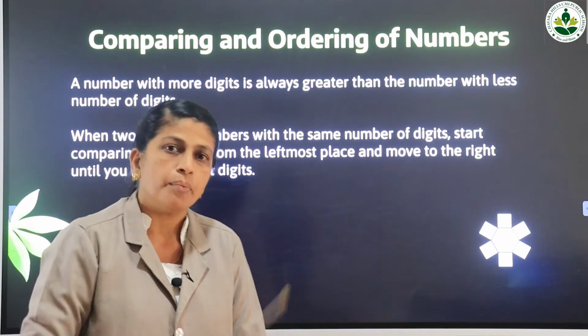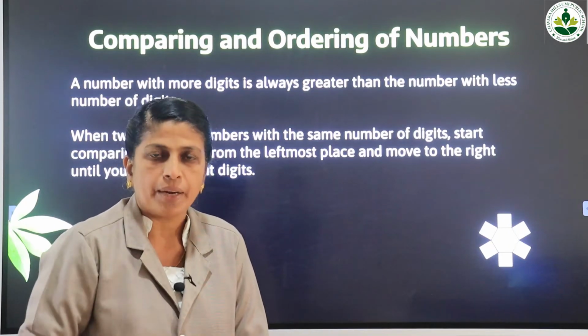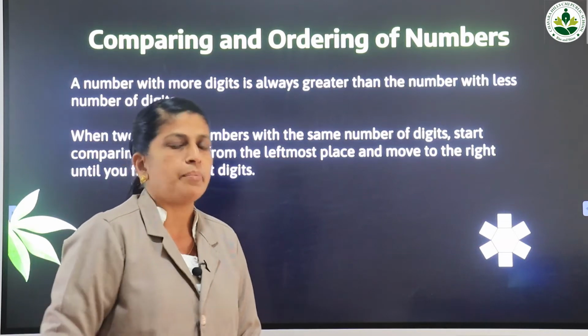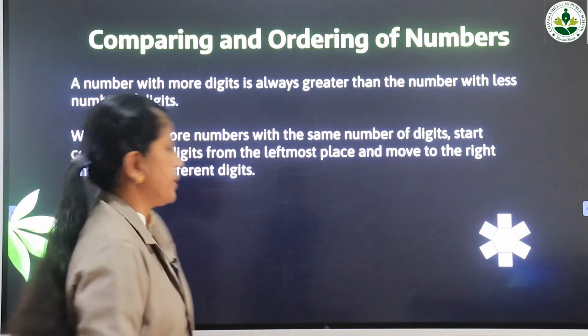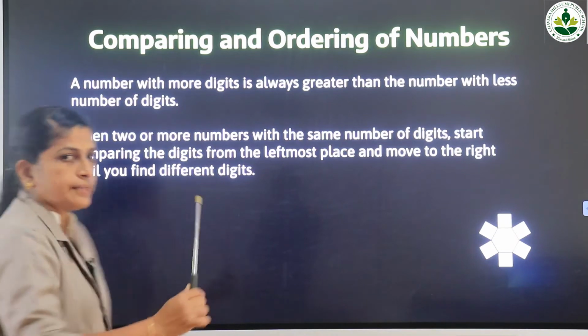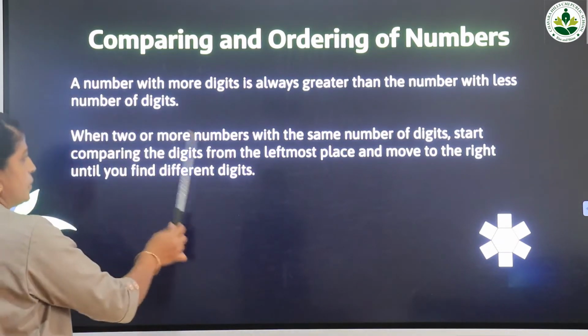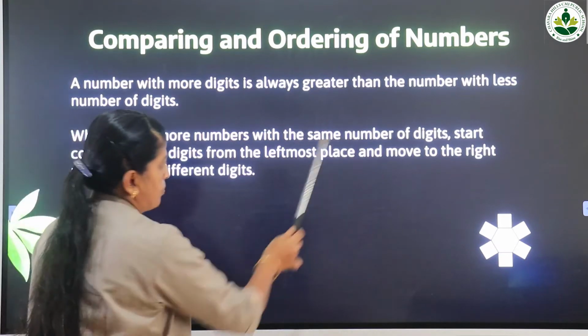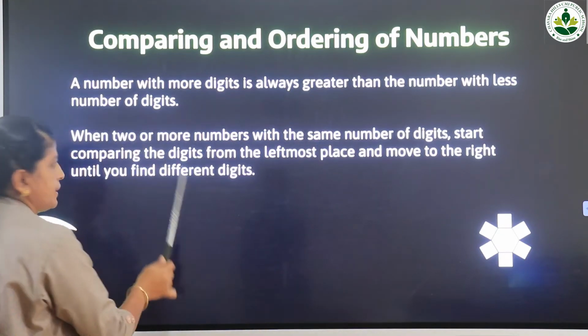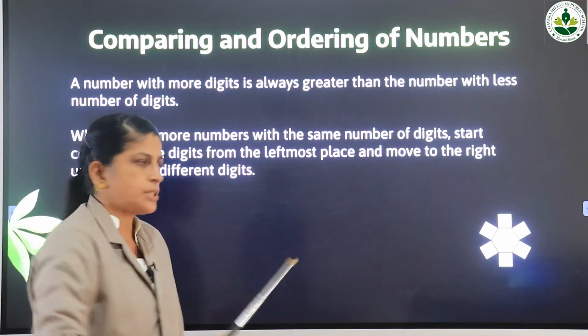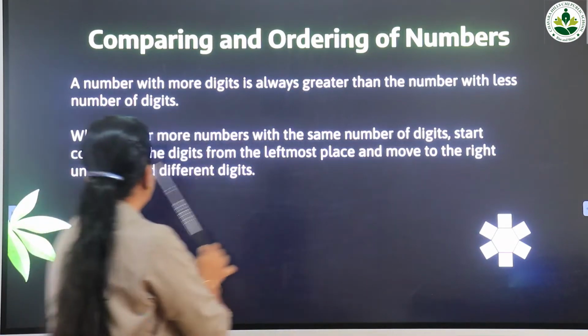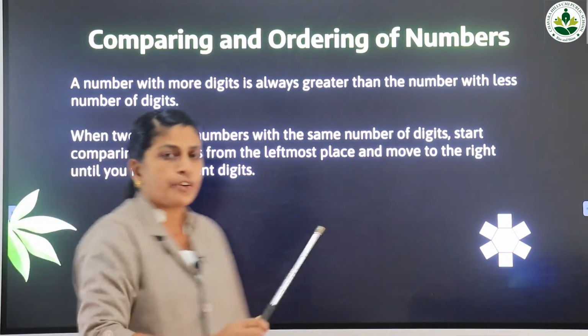The number with more digits will be the bigger number and the number with fewer digits will be the smaller number. Next, if the number of digits is the same, what should we do? When two or more numbers have the same number of digits, start comparing the digits from the leftmost place and move to the right until you find different digits.